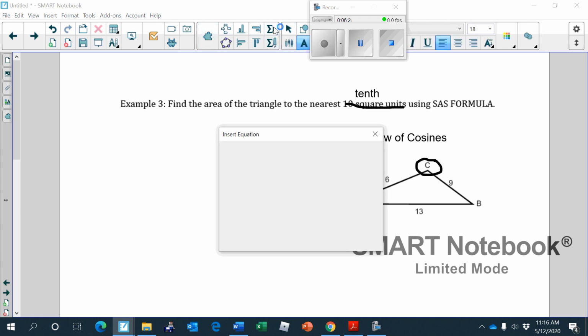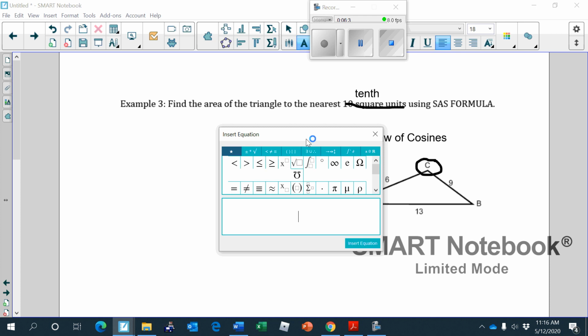I'm going to insert an equation here because it's easier to type it out. Remember, we're going to find the cosine of angle C and set that equal to, going back to the formulas we just used, 6 squared plus 9 squared minus 13 squared.